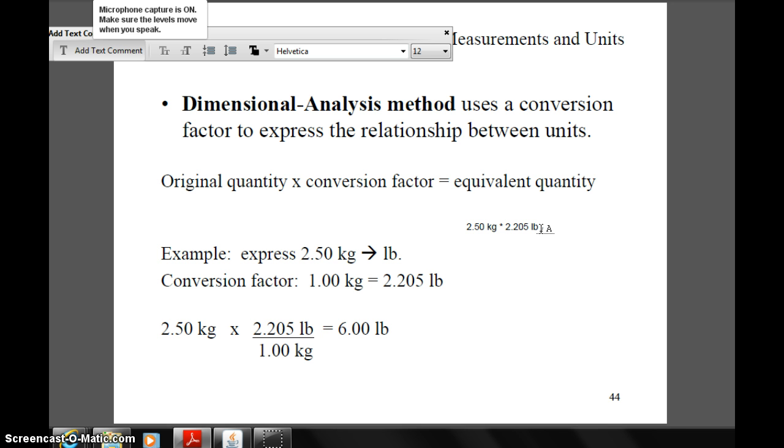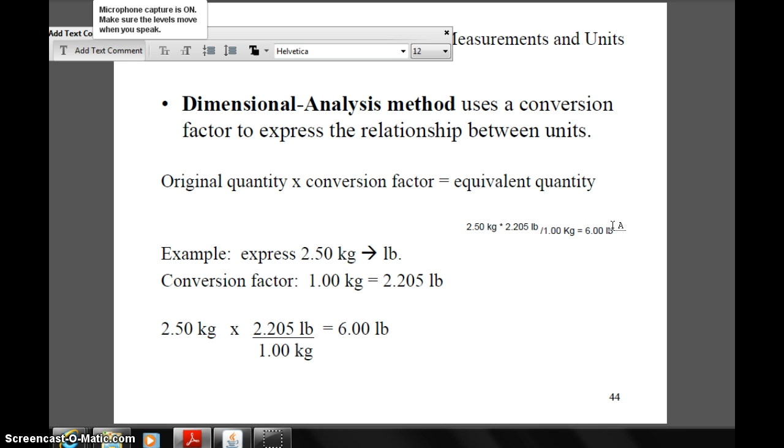So I'm just going to say divided by 1.00 kilogram. And that comes out to be 5.51 pounds, because the kilogram and the kilogram will cancel off. You are basically multiplying 2.50 times 2.205, and that gives you your pounds as the final answer.